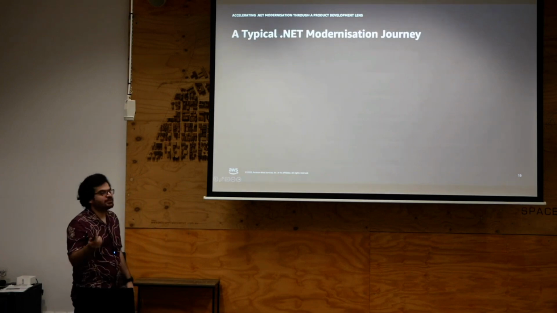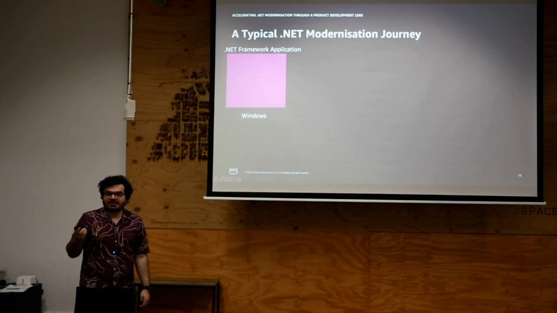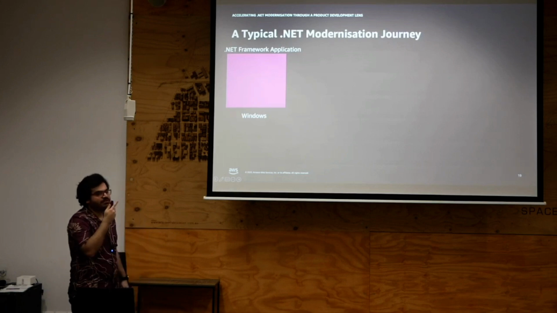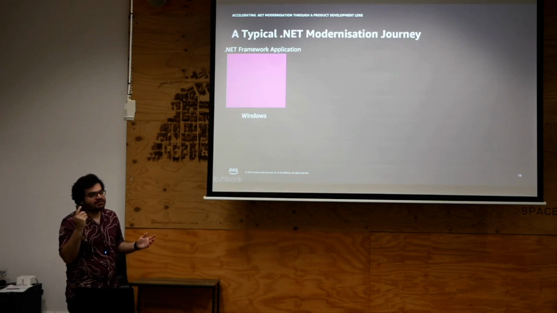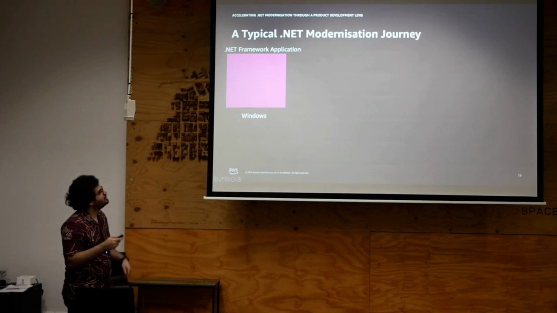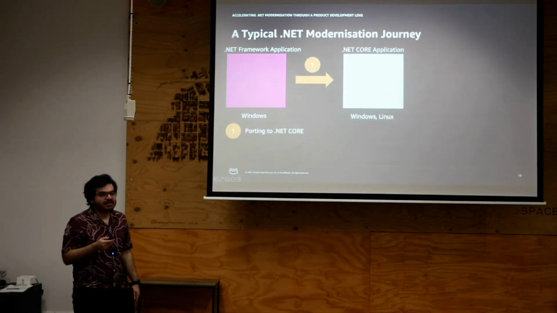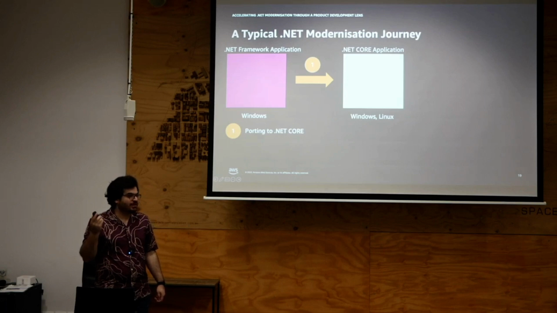Cool. So what does a typical .NET modernization journey look like? We start with a .NET Framework application, big pink .NET Framework running on Windows, big monoliths, think about big EC2 servers, single point of failure type situation. You try and basically port all that code into .NET Core. That can be a huge undertaking.